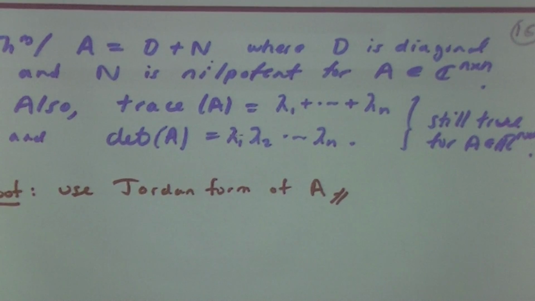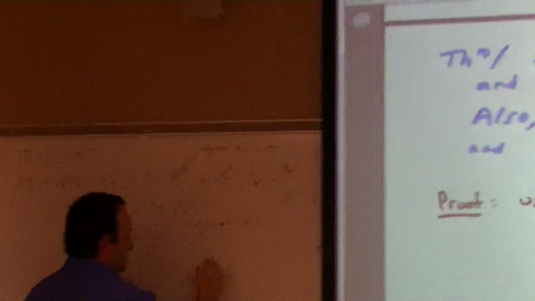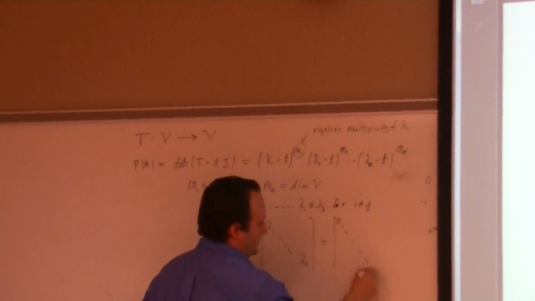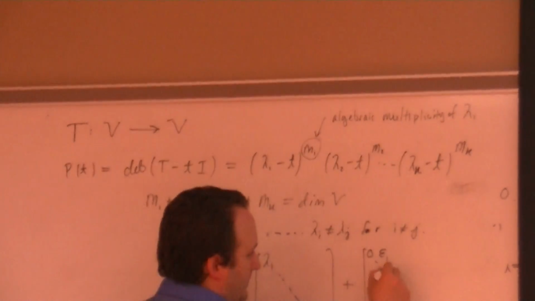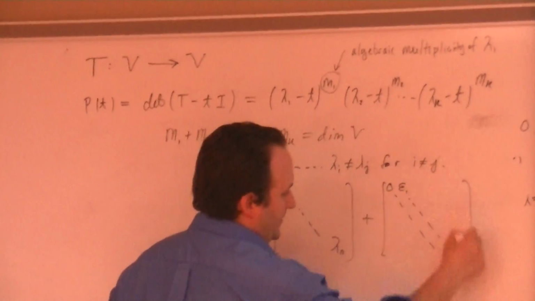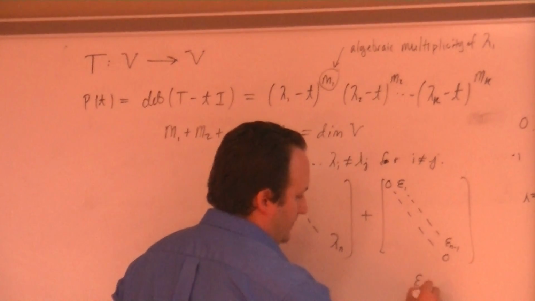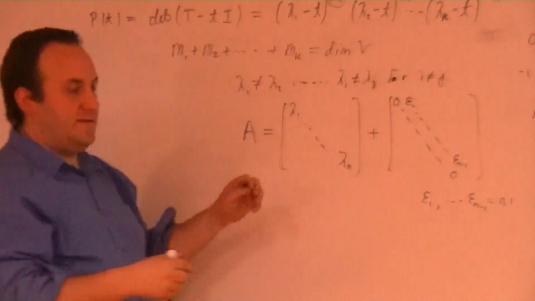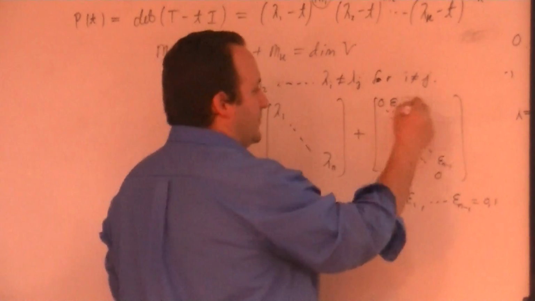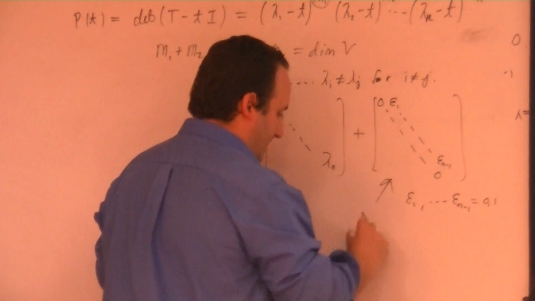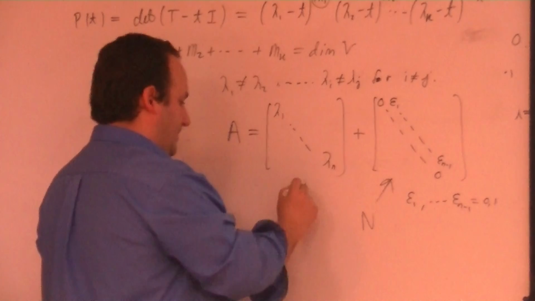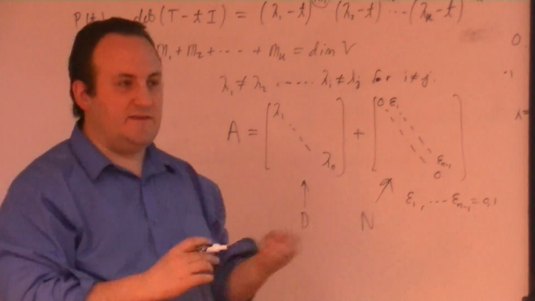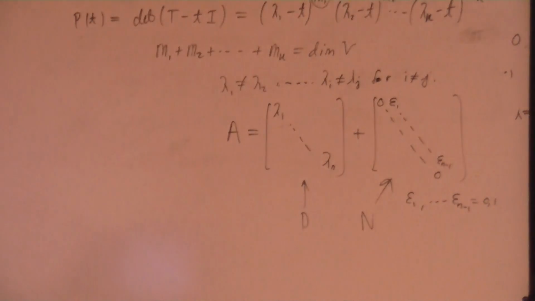I mean, A is equal to the eigenvalues, lambda 1, all the way out, whatever. And then you've got plus that matrix, which has 0 on the diagonal, and then epsilon 1 through epsilon n minus 1, where these epsilons are just equal to 0 or 1. The point is that this is a strictly upper triangular matrix, right? This is diagonal. As you can see, A is equal to D plus N.